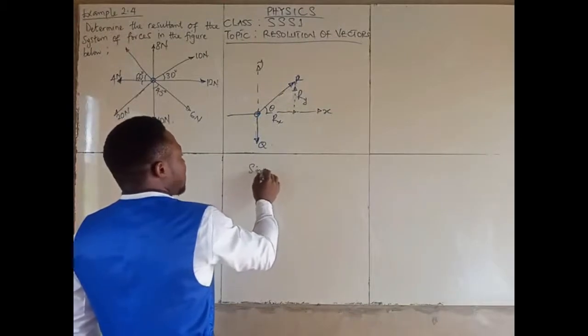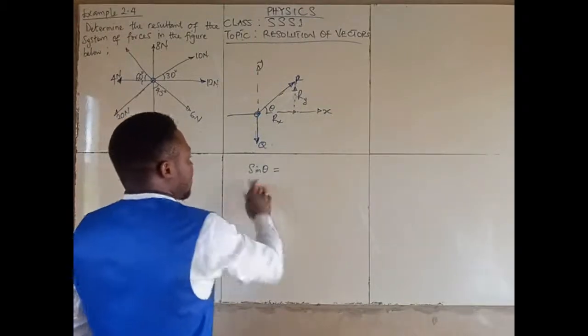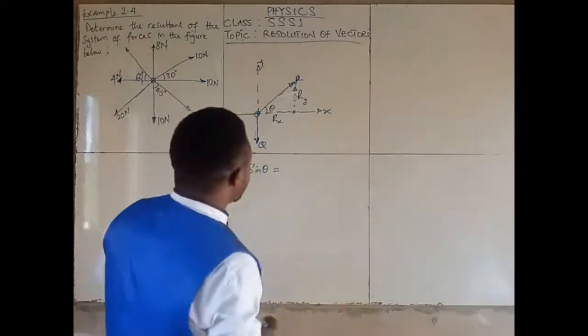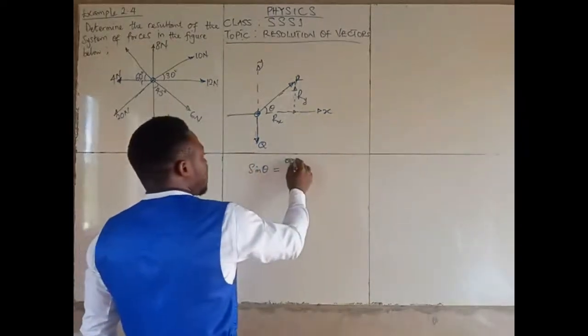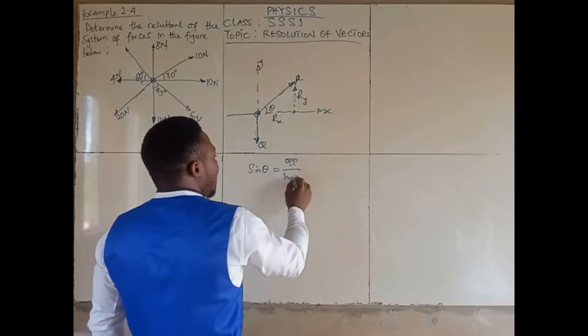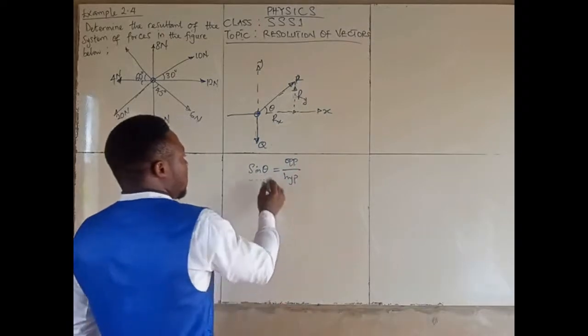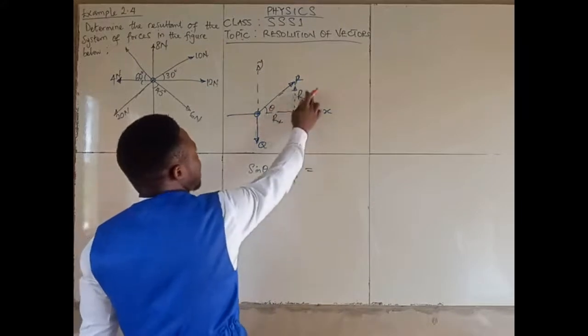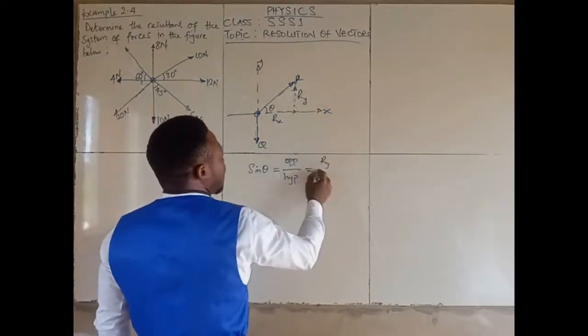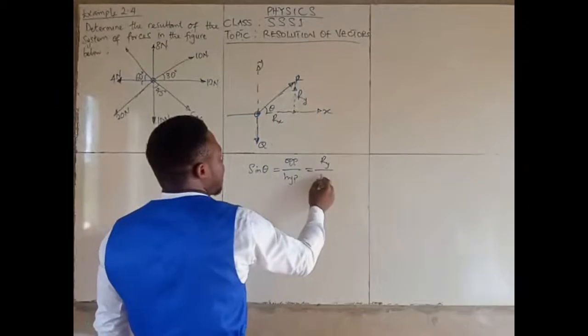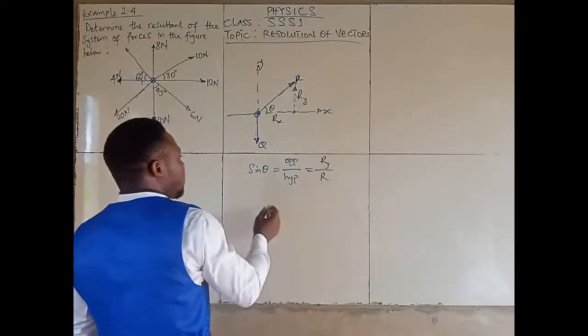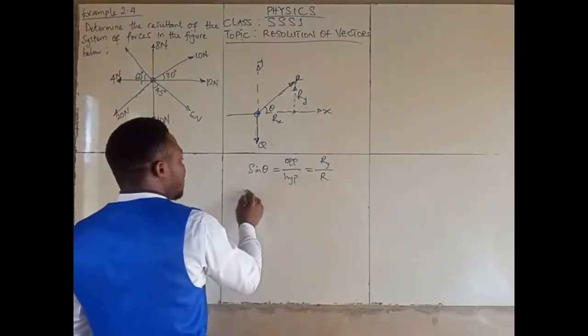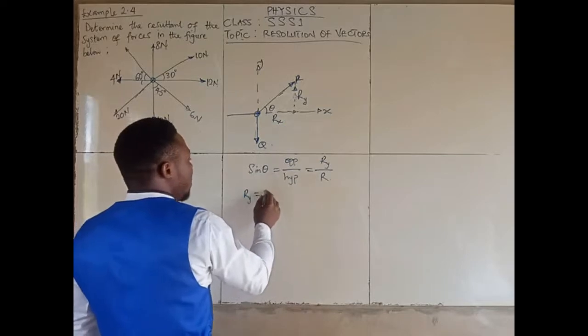Sine theta, according to our last topic, is opposite over hypotenuse. Our opposite for theta is Ry, and Ry over the hypotenuse, which is vector R. If you cross multiply, you can easily know that Ry is equal to R sine theta.